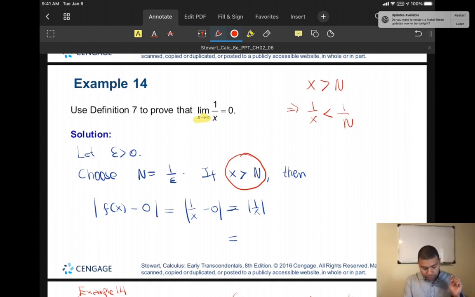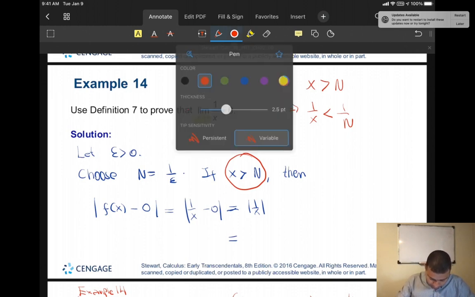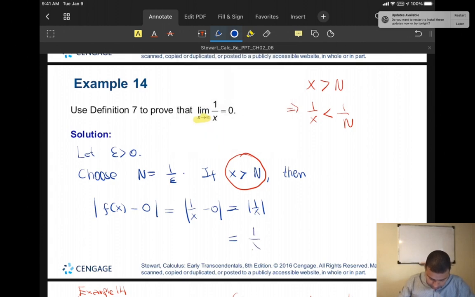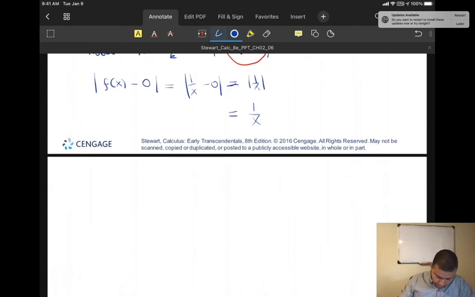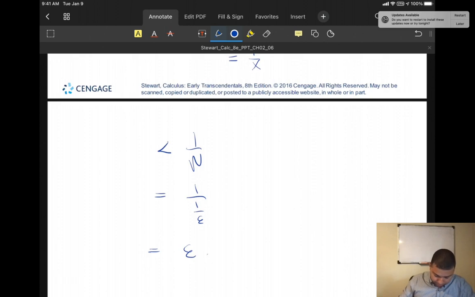Just think about true numbers. Because 1 is less than 10, for example, 1 over 1 is more than 1 over 10. Because you're dividing by something smaller, you're getting a larger result. So because x is larger than n, first this is 1 over x, because x is positive. And then this is less than 1 over n, which is epsilon, as desired.